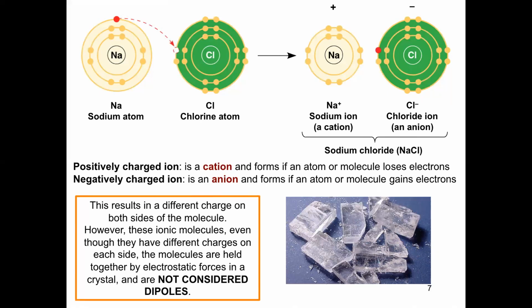Polar molecules, they're not charged. They're electrically neutral. The atoms in there are not charged, okay? So these ones are held together with these ionic bonds, but they're not polar, all right? So hopefully that makes some sense.